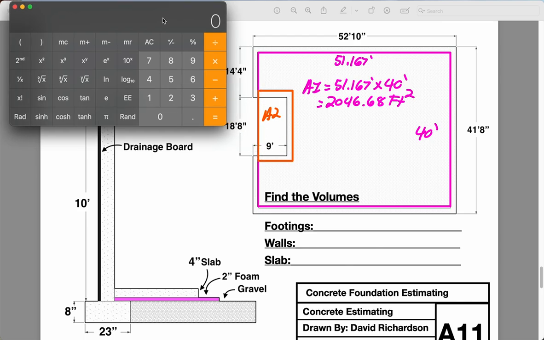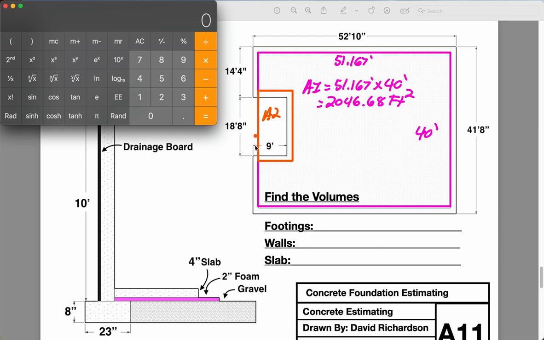So here we can see we have 18 foot 8 is from inside to inside. So to account for that, we have to go plus 10 inches here and plus 10 inches on that side. Okay, so 18.667, 18 foot 8. And then we're going to go plus 20 inches.